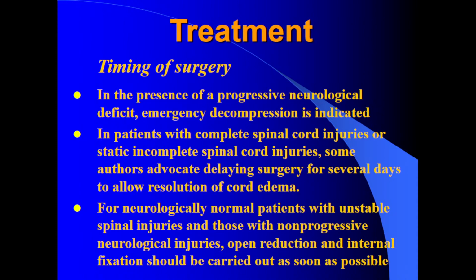Grade 1 wedge compression fracture is a condition when the anterior height of the vertebral body is reduced by less than 1/3 compared to the posterior height. Grade 2 from 1/3 till 1/2. And grade 3 is a compression of the anterior height by more than 1/2 compared to the posterior height.